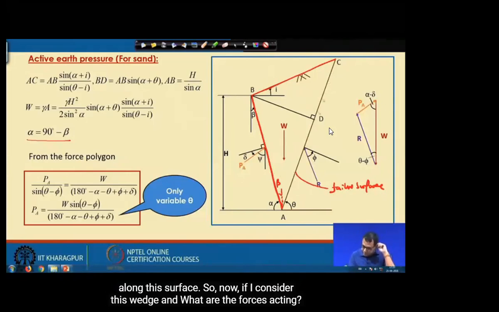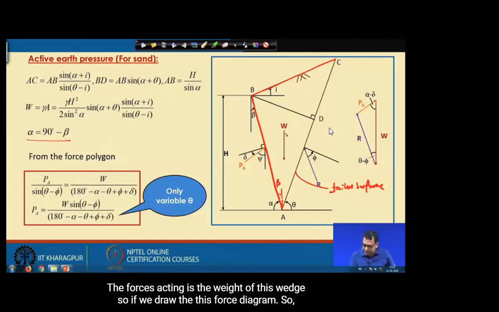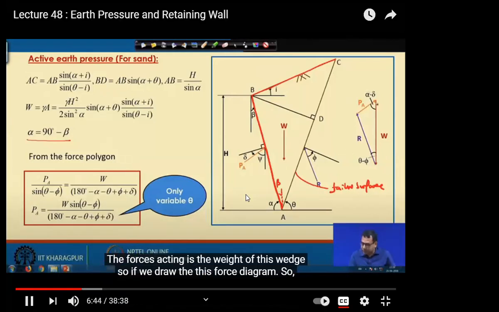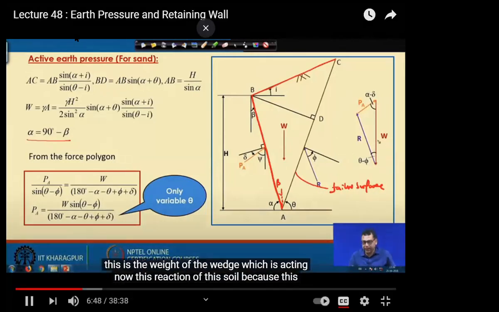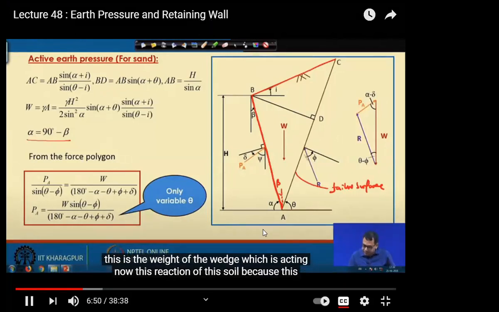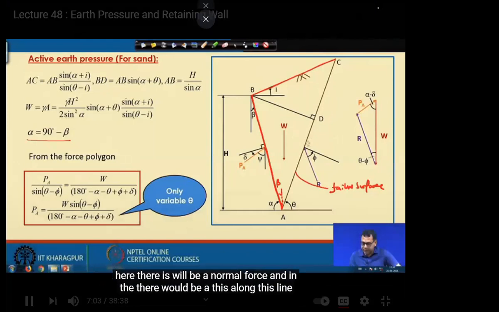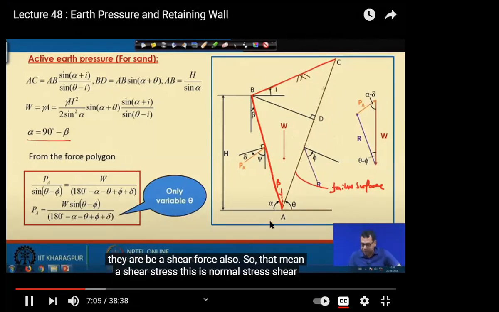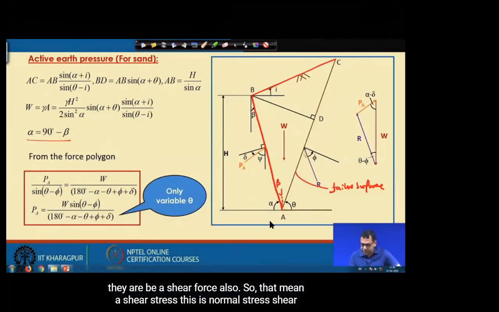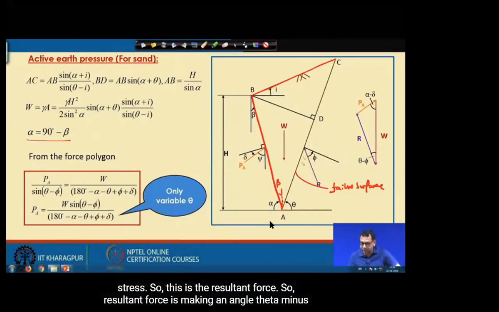Now if I consider this wedge, what are the forces acting? The forces acting include the weight of this wedge. If we draw the force diagram, this is the weight of the wedge. Now there is the reaction of the soil, because this wedge is sliding along this failure surface. So there will be a normal force, and along this line there will be a shear force also. So this is the resultant force.